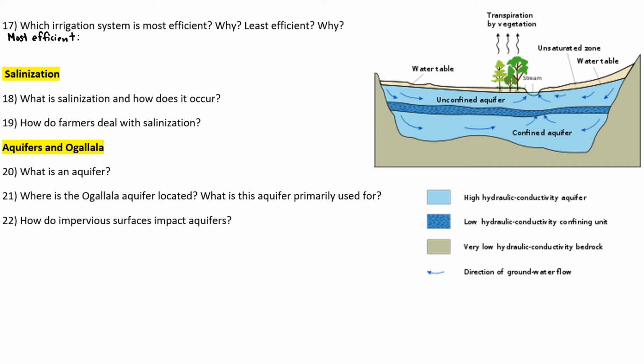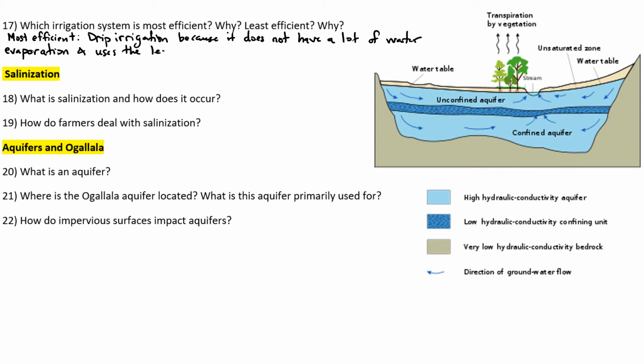It is considered to be the drip irrigation, because it does not have a lot of water evaporation, and uses the least amount of energy.